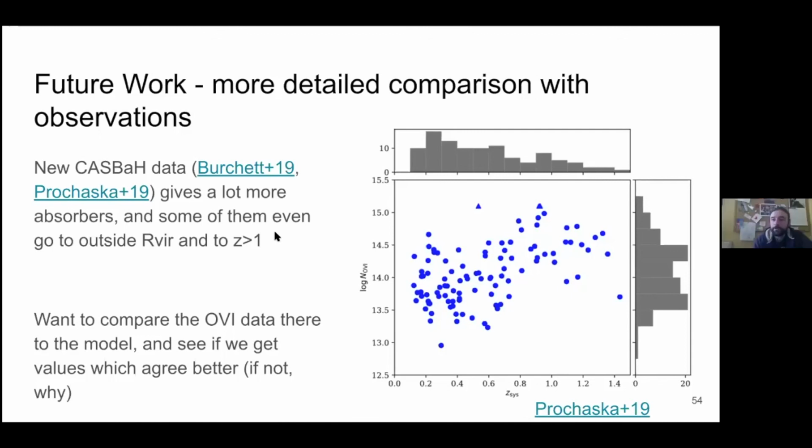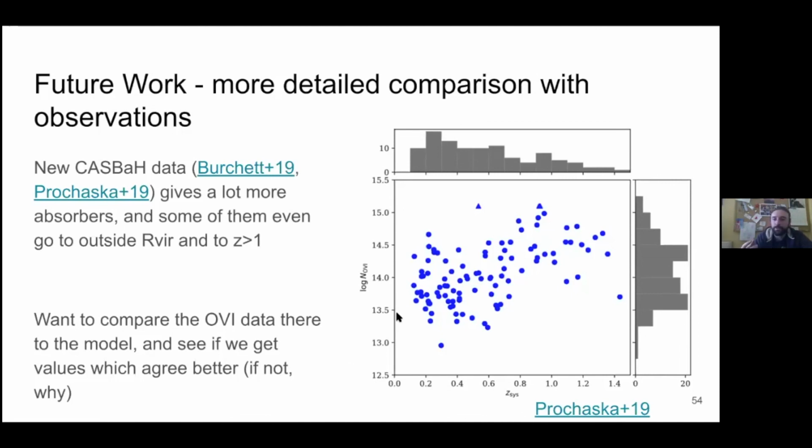I totally agree. So that's the next thing we're doing, and we're coordinating with Joe and with Xavier Prochaska, who's one of the other main people from UCSC on the survey, and we're going to really try and incorporate all the ions that they get and see how they fit into this story.